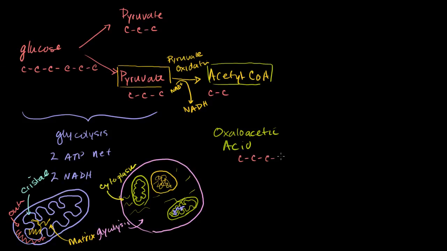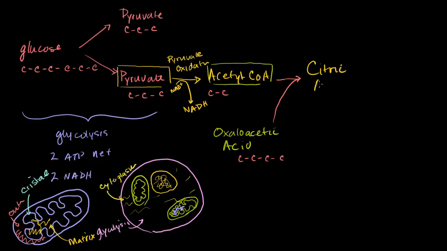These two guys are kind of reacted together or merged together, depending on how you want to view it. Draw it like that. It's all catalyzed by enzymes. It's important, some tests will say, is this an enzyme catalyzed reaction? Yes, everything in the Krebs cycle is an enzyme catalyzed reaction, and they form citrate or citric acid.